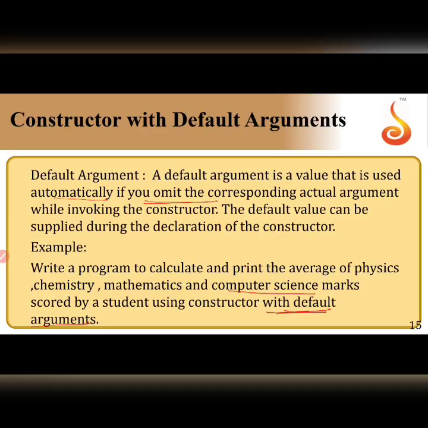You need to ask the user to enter the marks for physics, chemistry, mathematics and computer science. You need to find the average of that and print it. And you have to use which concept while writing this program? You need to use the constructor with default argument concept. Please make a note of the program statement.